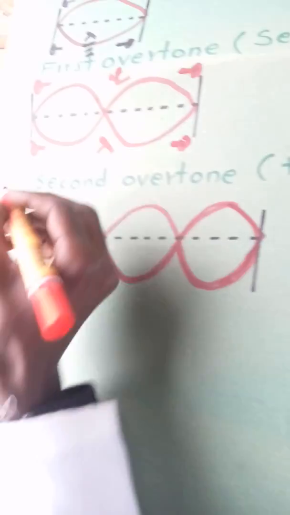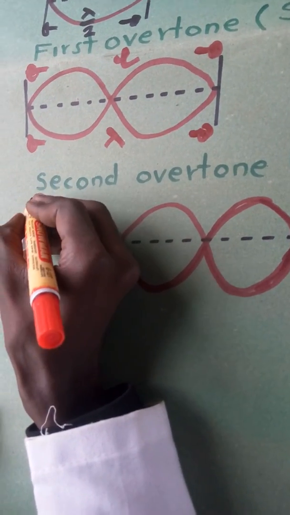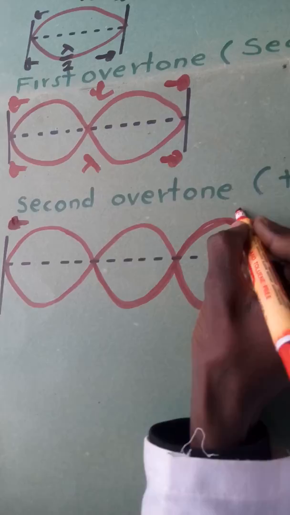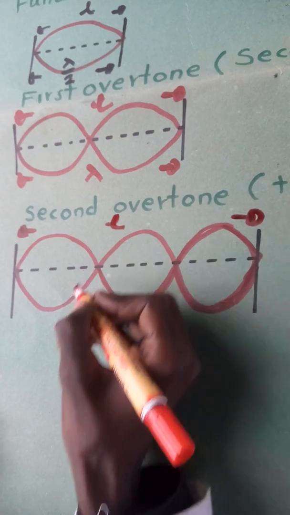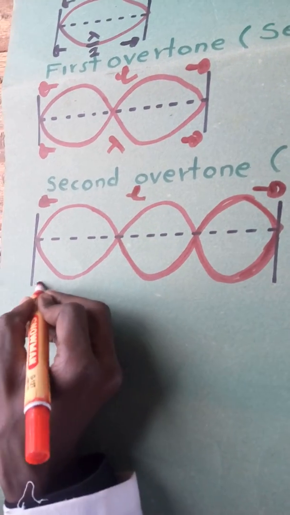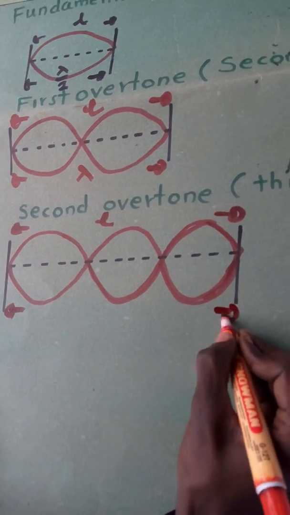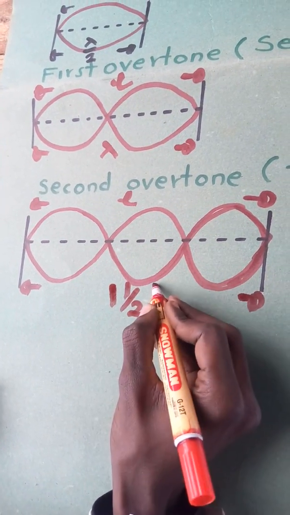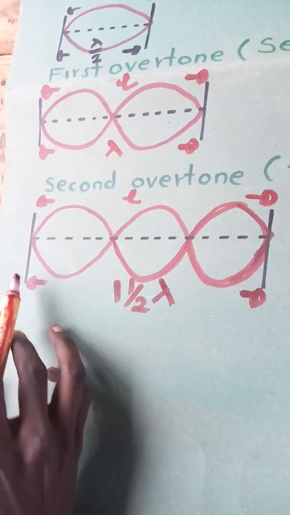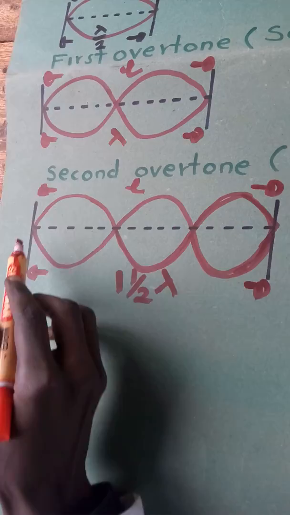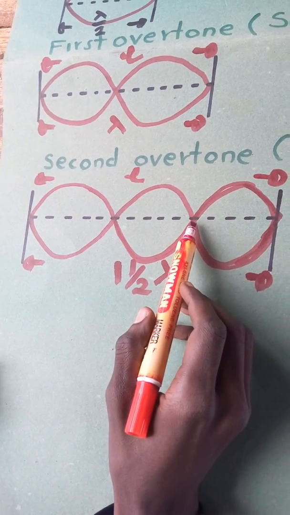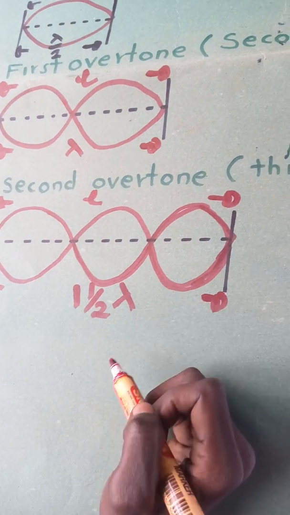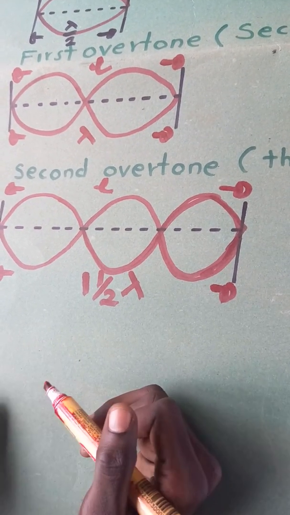Okay, so let's see the second overtone, which is the third harmonic. This is the length of the string, from this point up to this point. This is equal to 1.5 wavelengths, because this is a complete cycle plus a half, which is equal to 1.5 wavelengths.